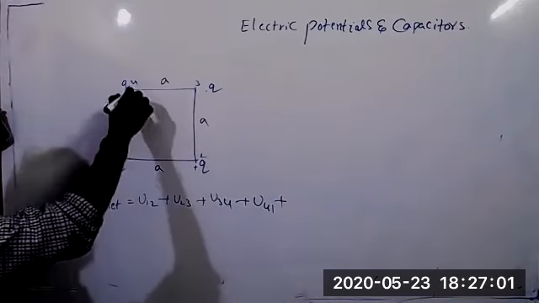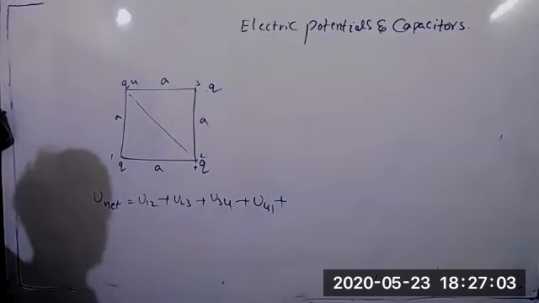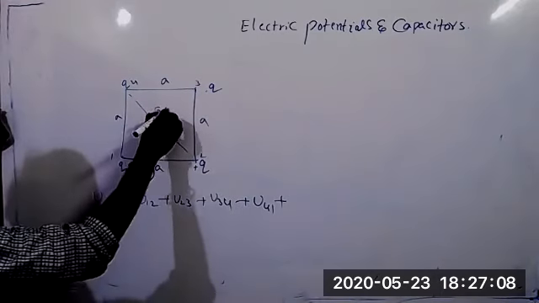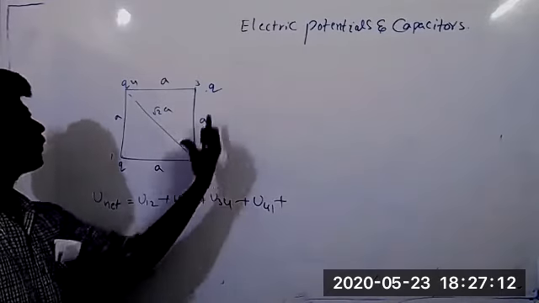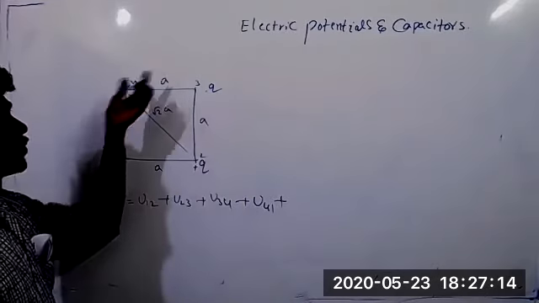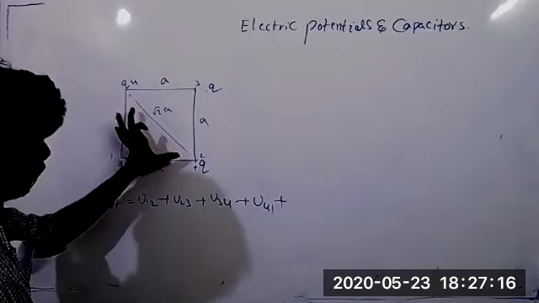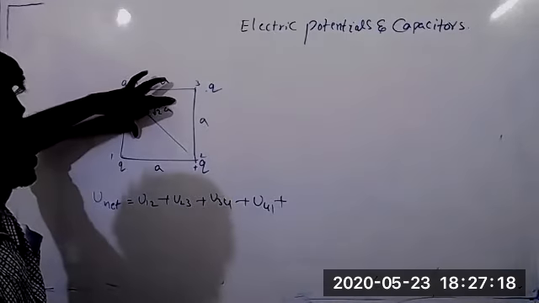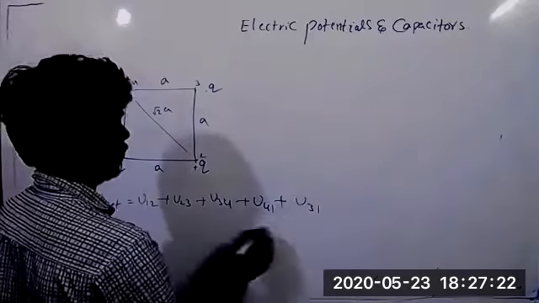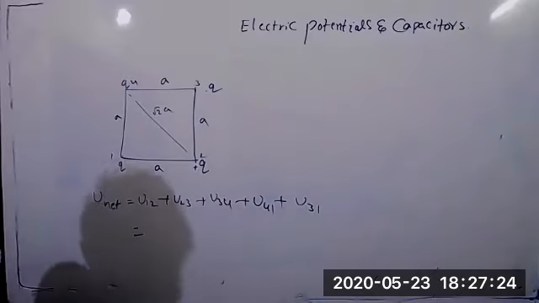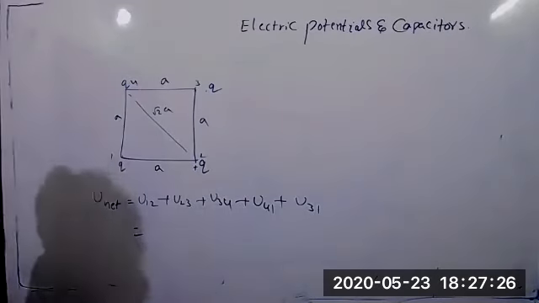Between these two also potential energy will be there, at distance root 2a, plus U13. So if you calculate and add, you will get U net.